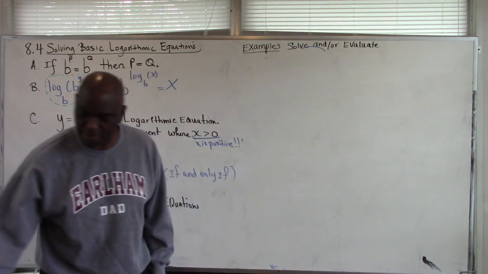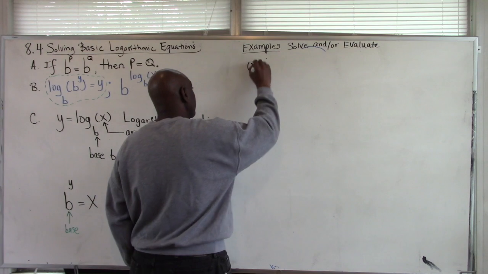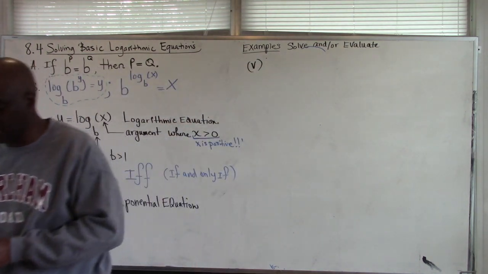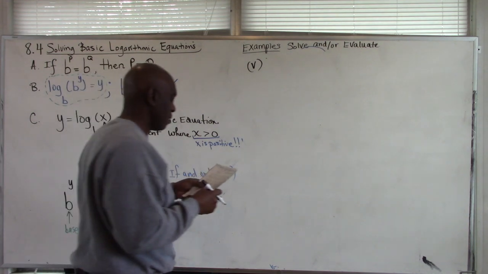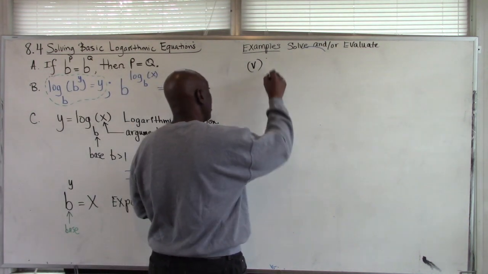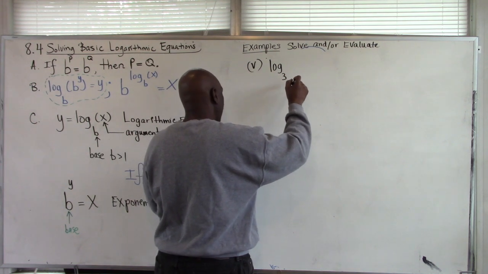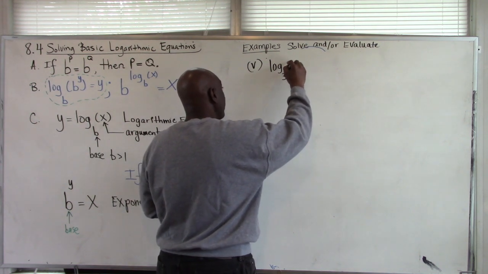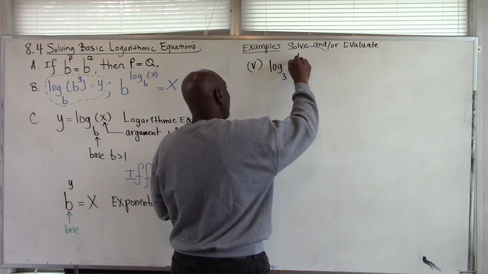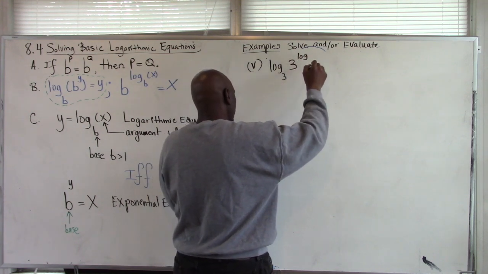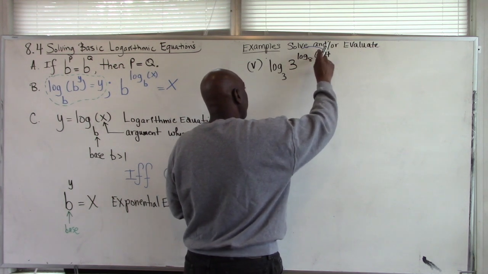Cool. Example number 5. Let's clear the board a little bit. All right, example 5. Okay, what's going on with example 5? I don't know, let me see here. All right, let's go log base 3 of 3 to the power of log base 8 of 64.